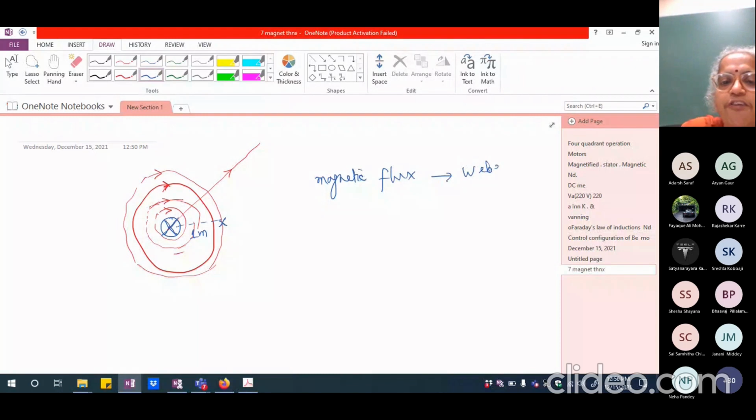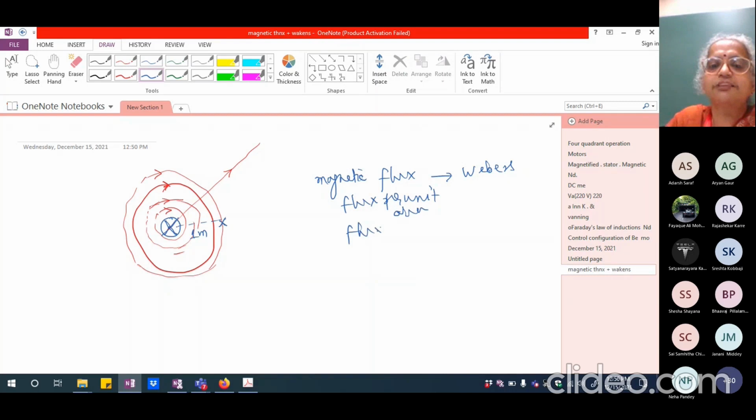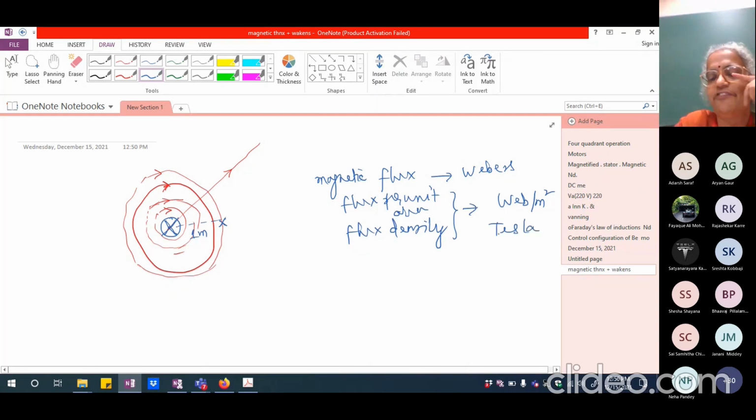And the flux per unit area is the flux density. Flux density is Weber per meter square, which is also indicated by Tesla. So Tesla and Weber per meter square both are units for flux density.